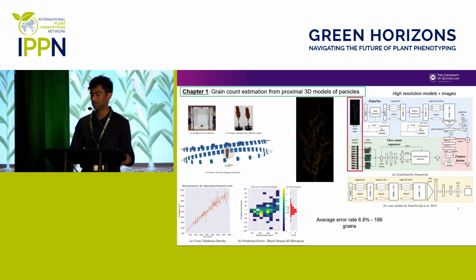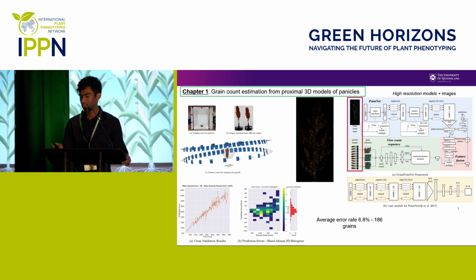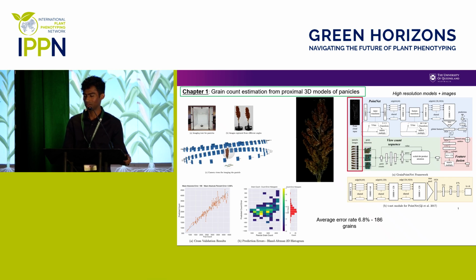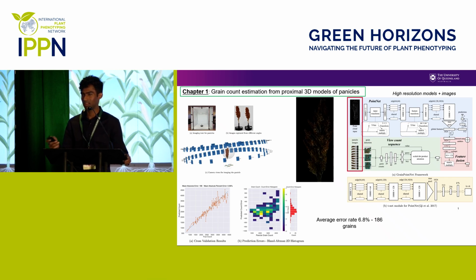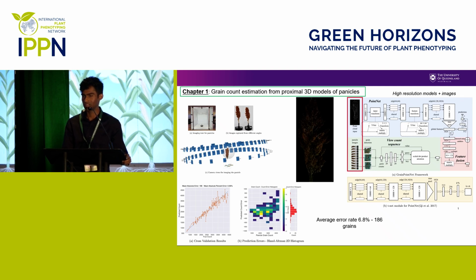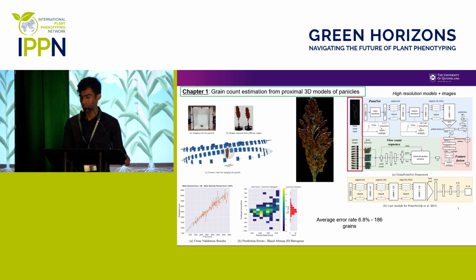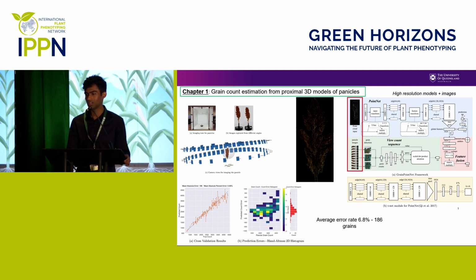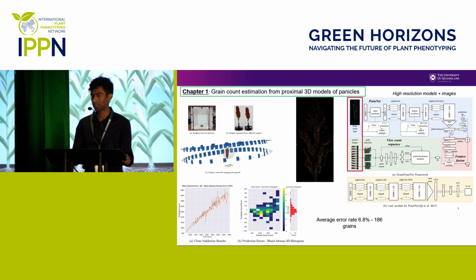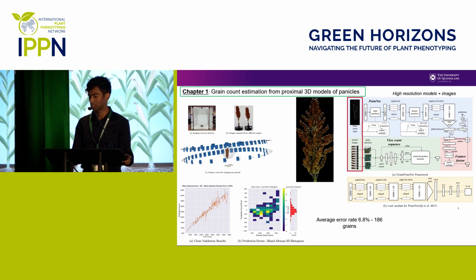Our data set was relatively small. We had 170 3D modeled sorghum panicles, but we sampled our data set with a nice variety in grain count and panicle size. So we had very small panicles which were closed with only about 400 to 500 grains, to large and dense and open panicles with almost 5,000 grains.